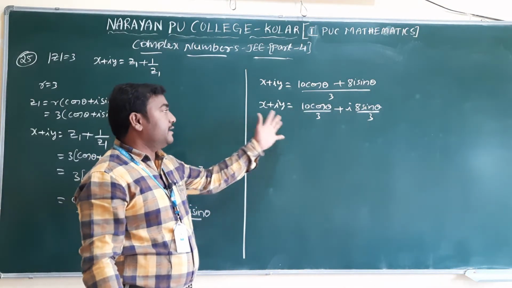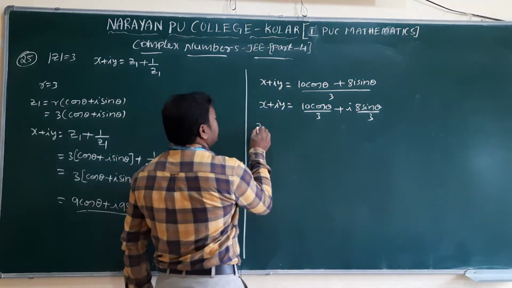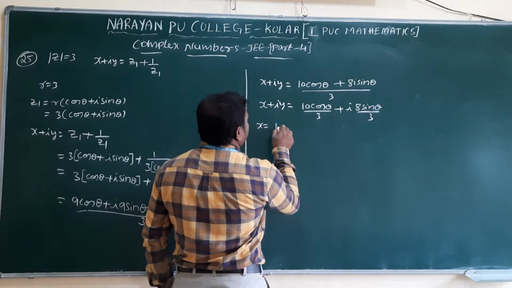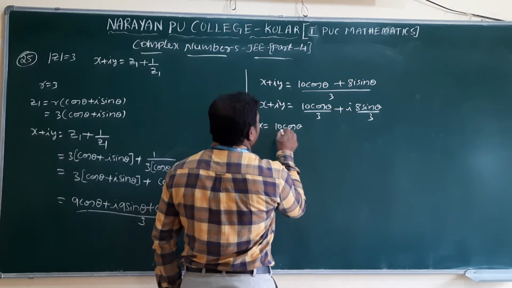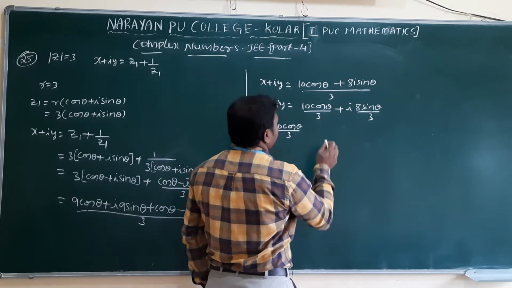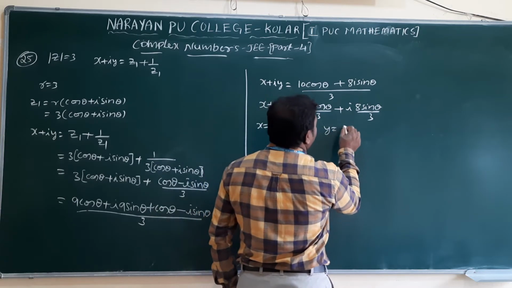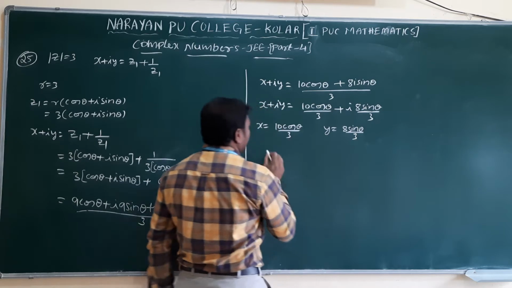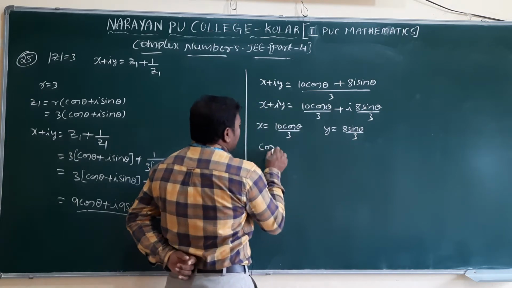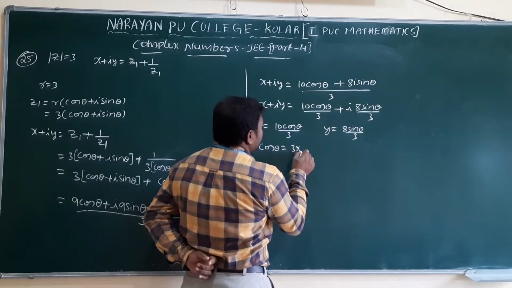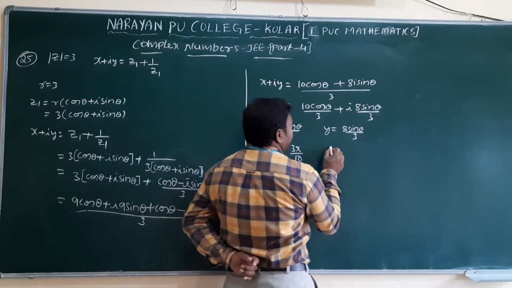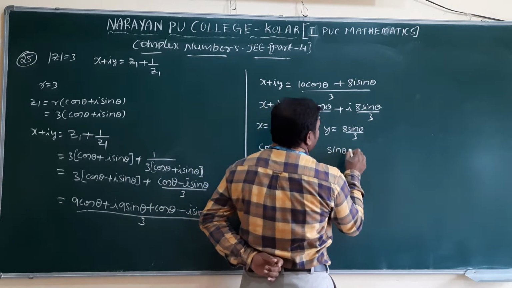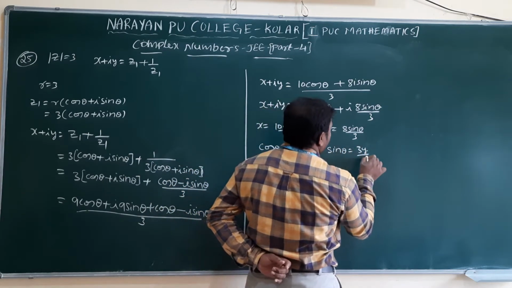Comparing real and imaginary parts, x is equal to 10 cos theta divided by 3 and y is equal to 8 sin theta divided by 3. So cos theta is equal to 3x by 10, sin theta is equal to 3y by 8.